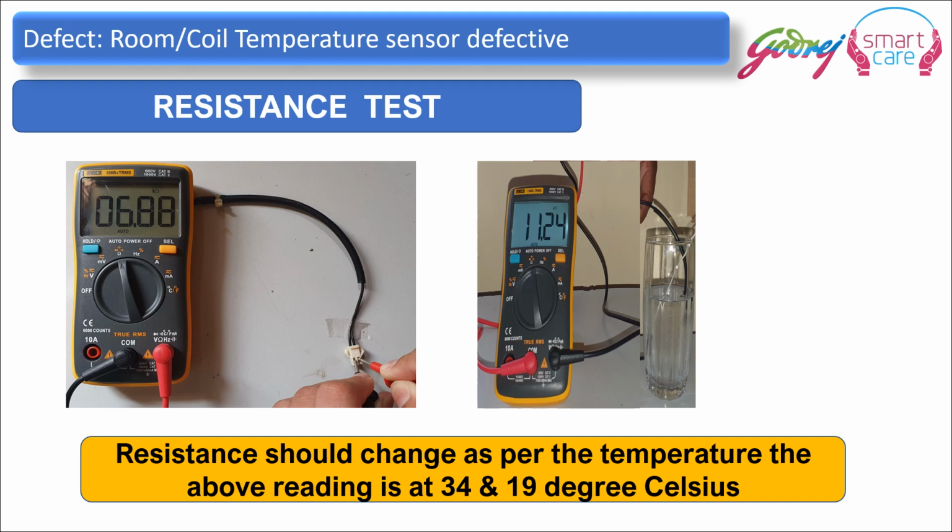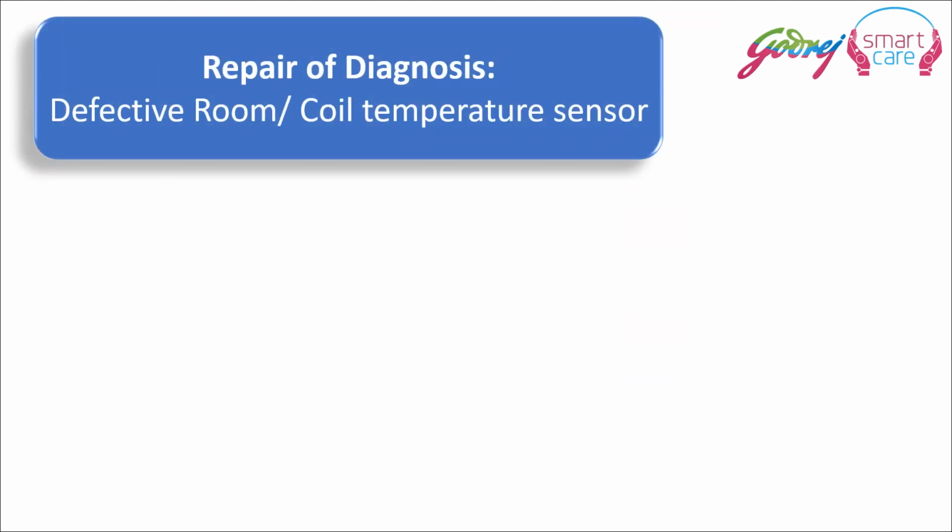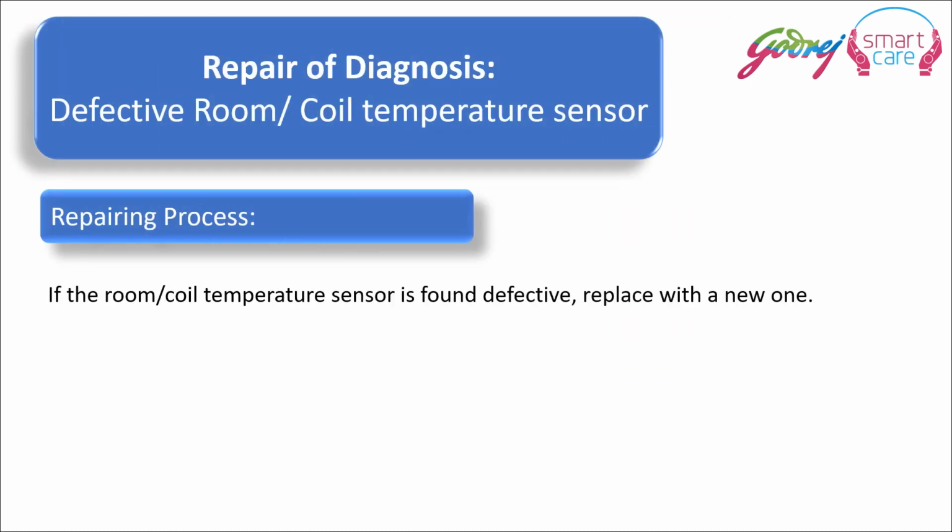Resistance should change as per the temperature. The above reading is at 34 and 19 degrees Celsius. If the room or coil temperature sensor is found defective, we have to replace it with a new one.